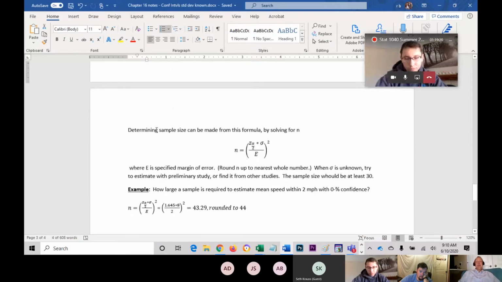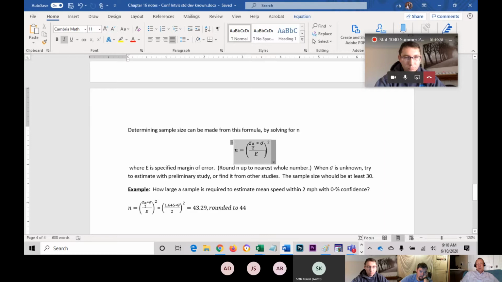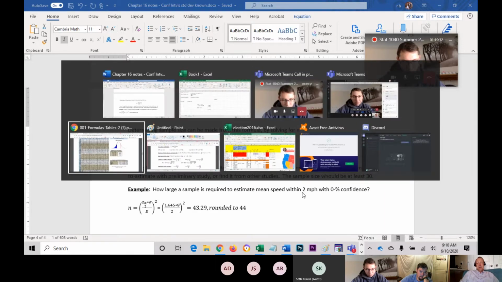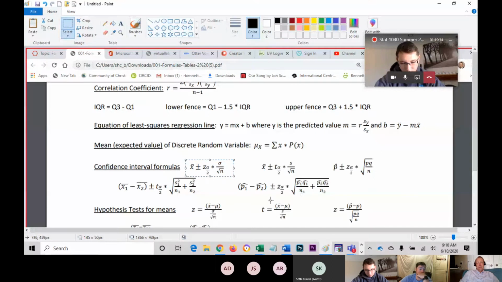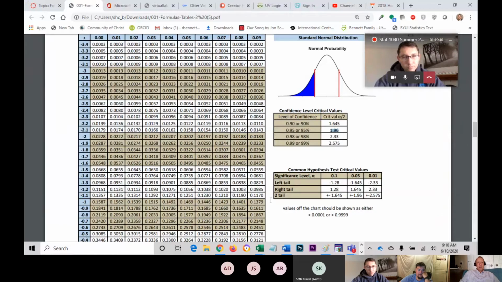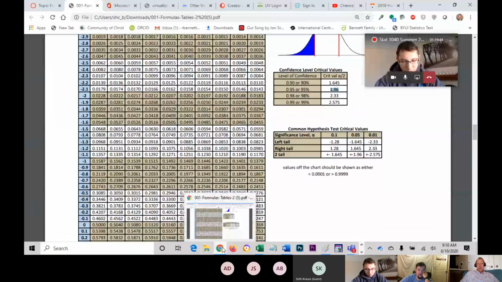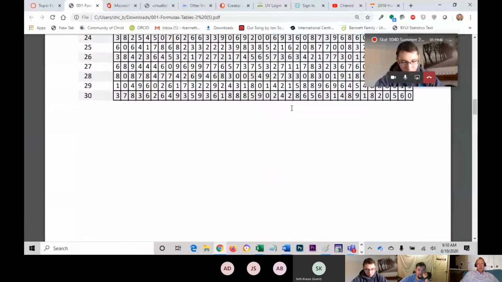Now, determining sample size. I think I give you guys a question here. This is the sample size formula that you're going to use. Is that on my formula sheet? I can't remember if it is. I usually don't ask you guys about sample size, but I think there's a few questions on the homework.